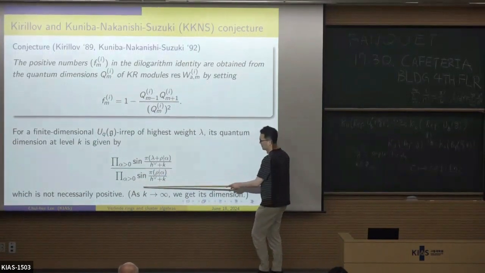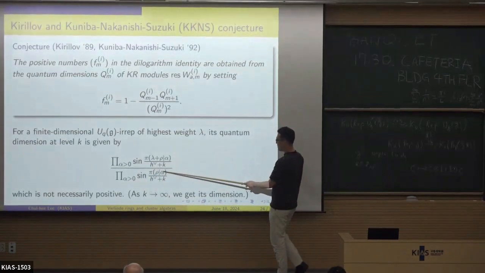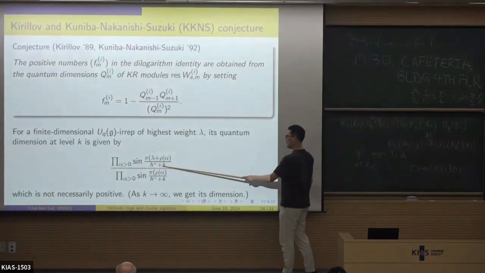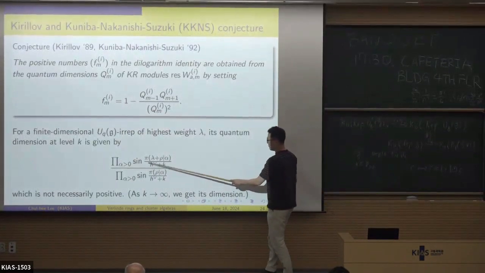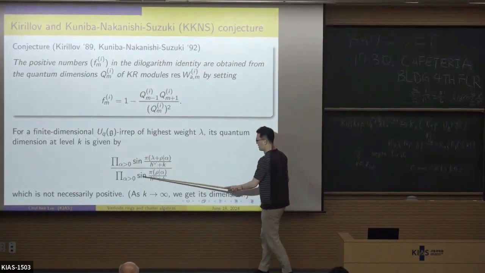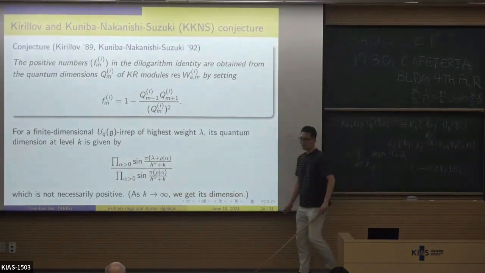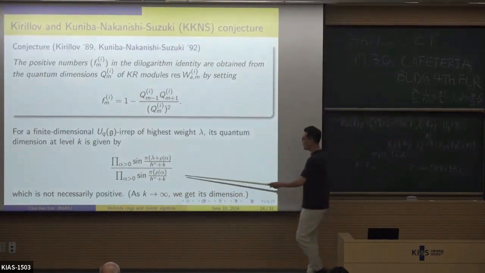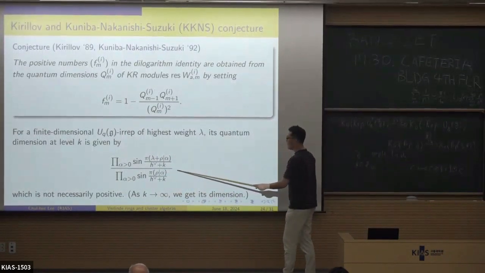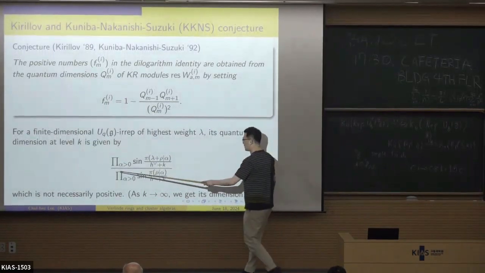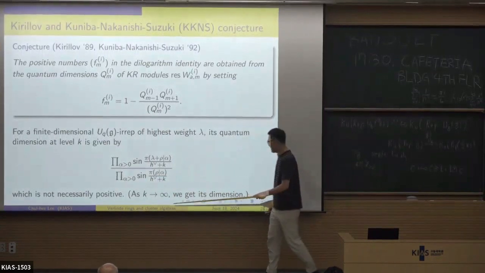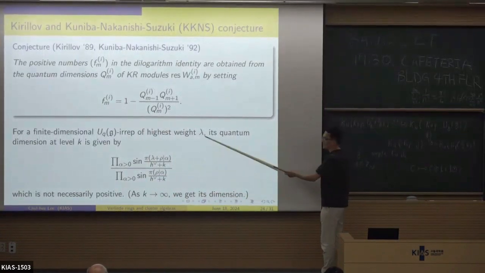And when you take k to infinity, you can actually remove this sign, and what's left is the Weyl dimension formula. So by taking the k to infinity limit, you get the dimension of the representation.